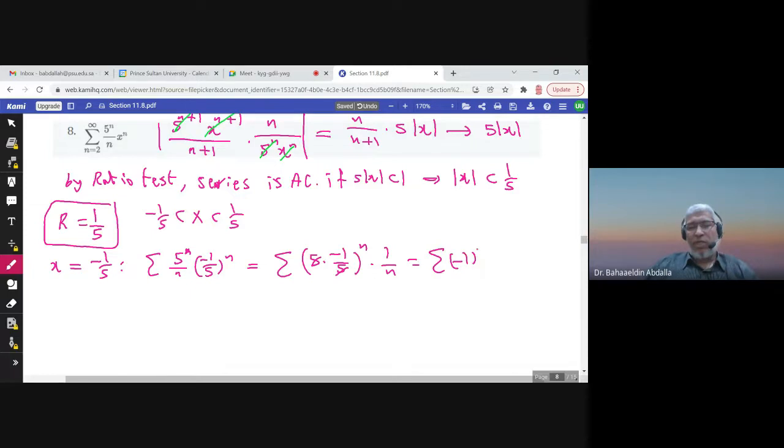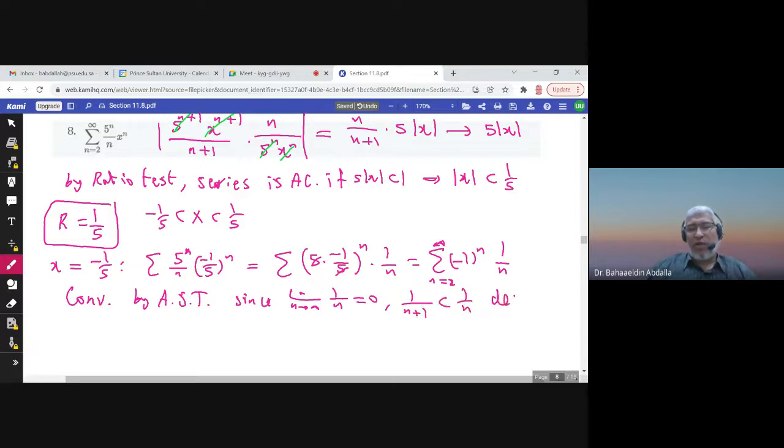So the series is -1 to the power n times 1 over n. And this series is convergent by the alternating series test. Since the limit of 1 over n when n goes to infinity is 0, and 1 over n plus 1 is less than 1 over n, so bn is decreasing.